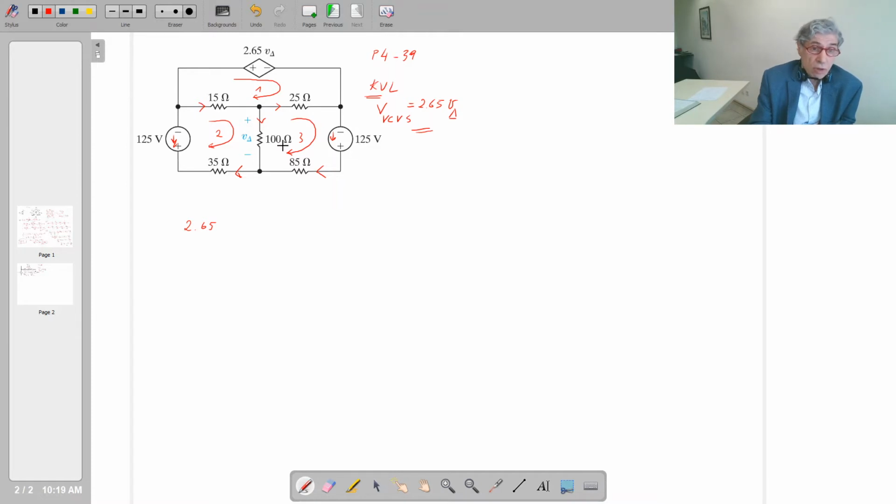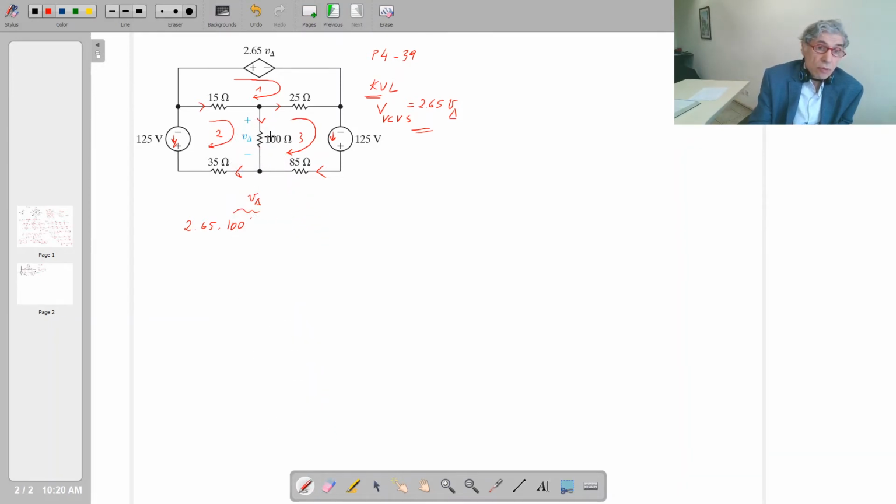Resistor voltage, if I use the definition relation, is the resistance value 100 multiplied by this current. This is V delta. So this current, I100 current, is this element current.